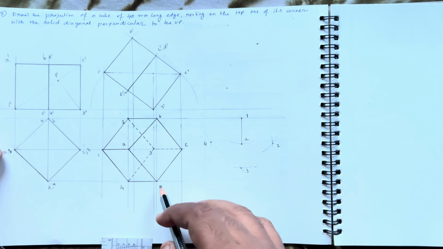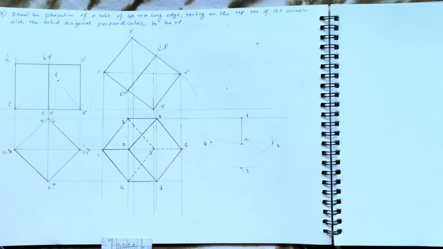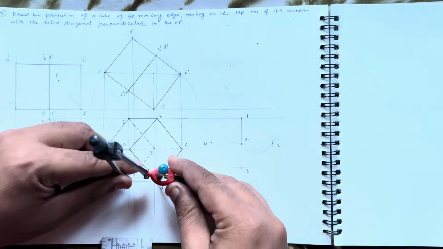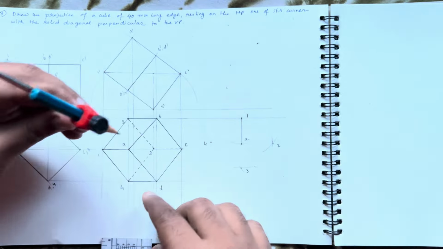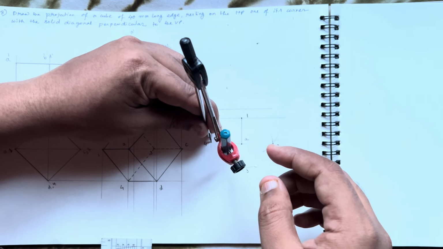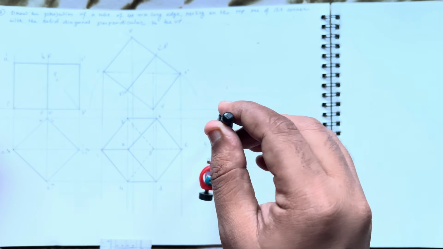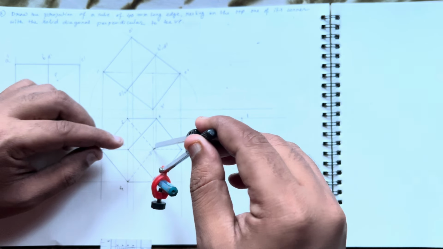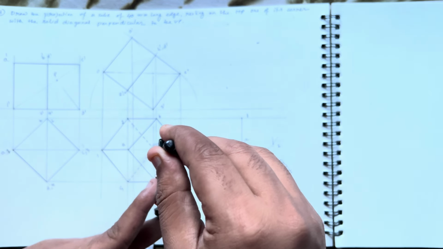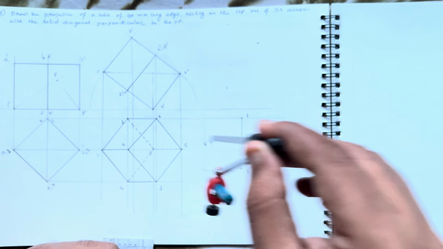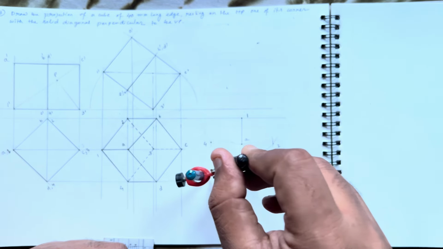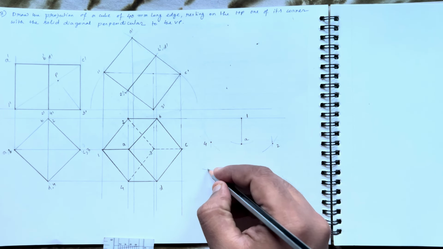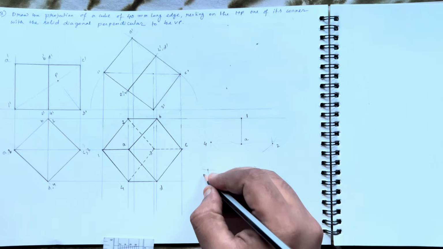Now point D you have to calculate. So from point 4 we can measure point D. If we measure point 3, so this is your D, so point 3 is already known. So this is your point D.